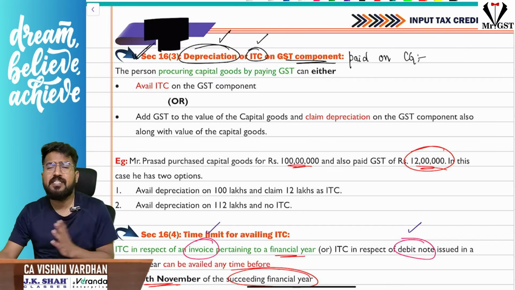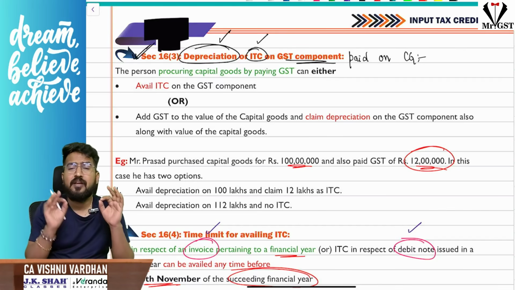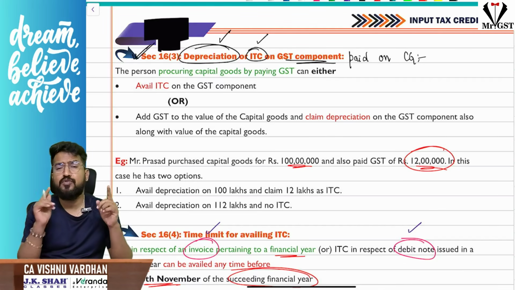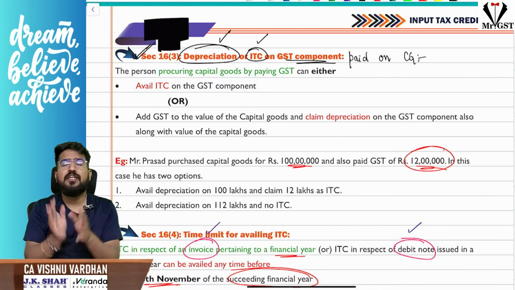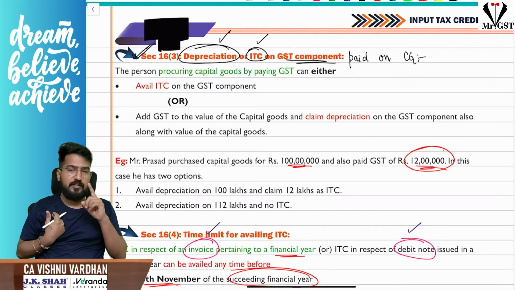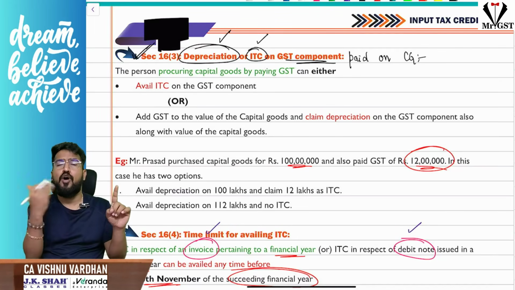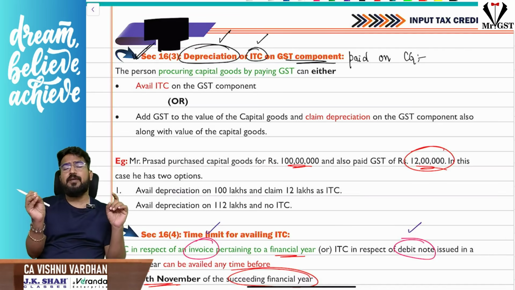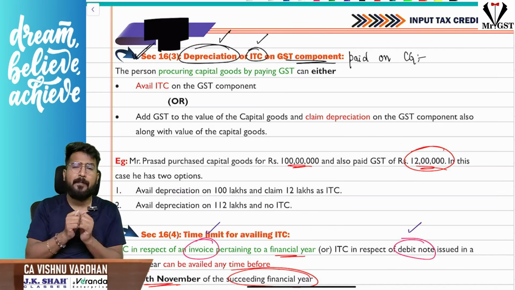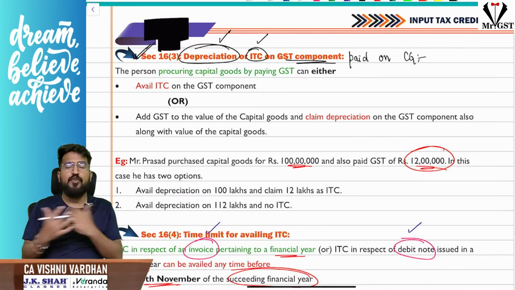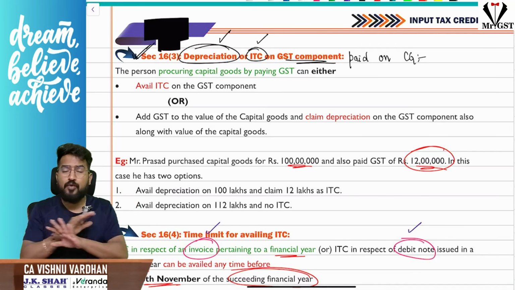The next one is 16 subsection 3, a simple one. If you are purchasing capital goods, on which you have paid GST, you can take that GST component as ITC, that is one option; or add the GST component paid on capital goods to the cost of capital goods and claim depreciation fully, that is the second option, but don't do both.